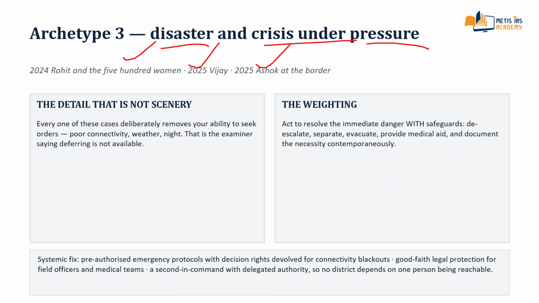And the Vijay case specifically, because candidates get it badly wrong in both directions. An answer that abandons the district reads as unfit for the role. An answer that refuses to acknowledge the loss reads as emotional immaturity dressed as dedication, and examiners say so.